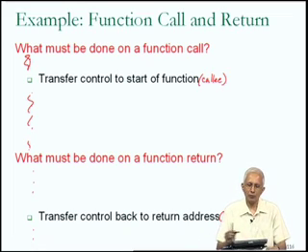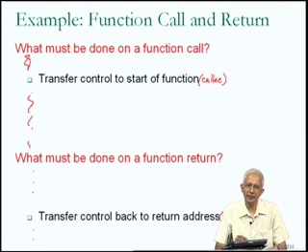Okay. So now we understand that as part of the function call, there is a need to transfer control to the start of the callee, and as part of function return, there's a need to transfer control back to the return address inside the caller. Now, one issue which this raises is the following. As part of function return, there is a need to transfer control back to the return address inside the caller.